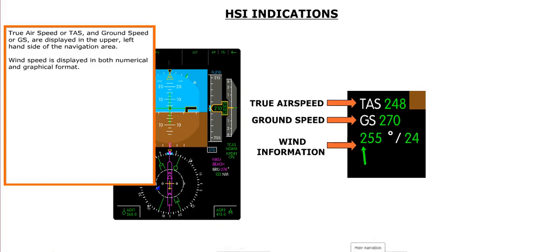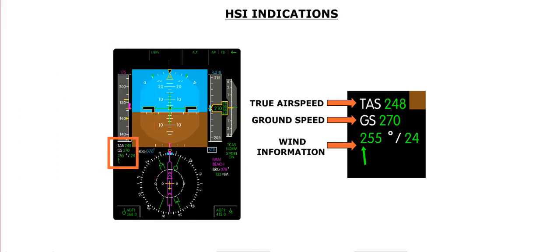True airspeed, or TAS, and ground speed, or GS, are displayed in the upper, left-hand side of the navigation area. Wind speed is displayed in both numerical and graphical format.